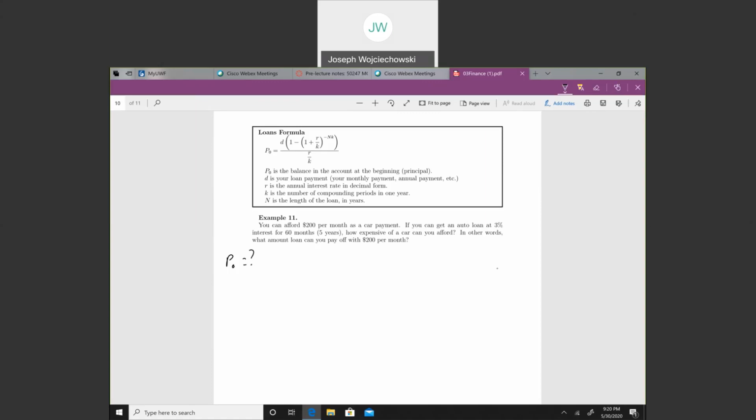Okay, well, D is 200. R is 3%. We're talking monthly, so K is 12. And N is 5. So you can use this to figure out how much car you can afford to get a loan for.